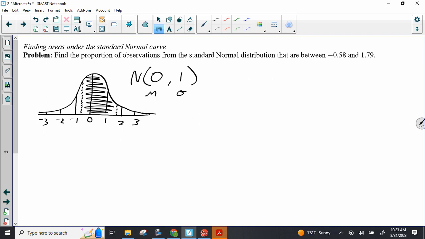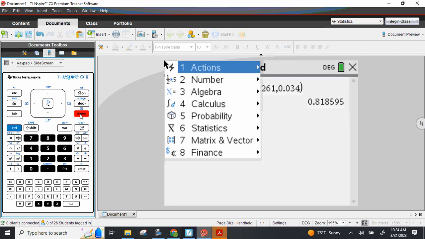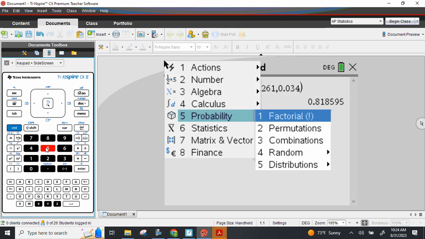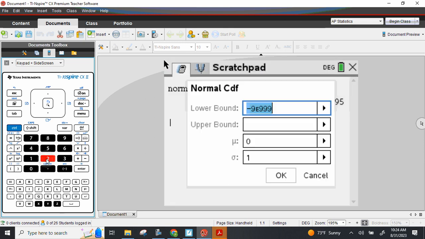So easy peasy, I can go to my calculator and do this. People get a little thrown off by that though, because oftentimes they're not sure what to put for the mean and standard deviation, and that's why I drew that picture for you. So let's go ahead and find this area real quick. Normal CDF. My lower bound was -0.58.